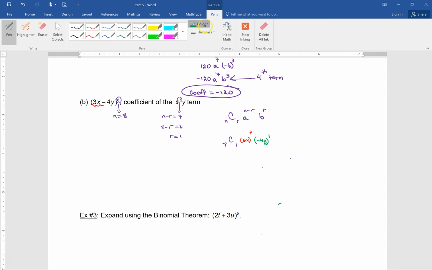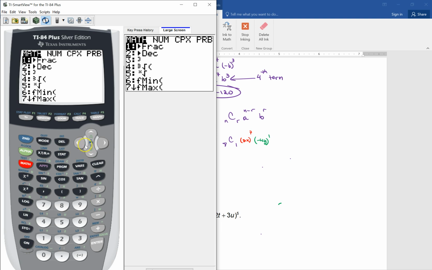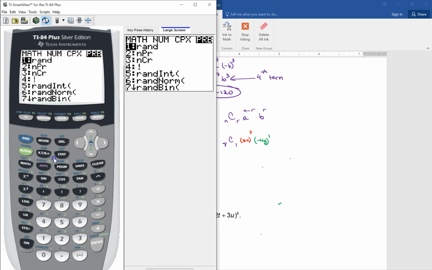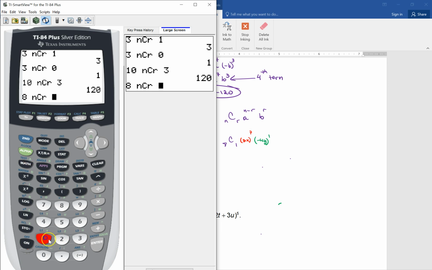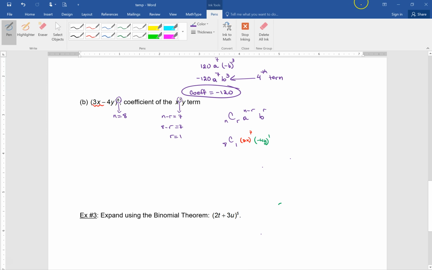So now let's generate the coefficient here. If we plug that into the calculator, what do we get? It's 8. So that part gives me 8, times 3 to the 7 times negative 4, x to the 7, y to the 1. I'm moving them out.